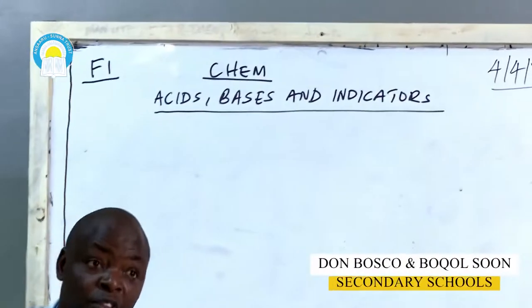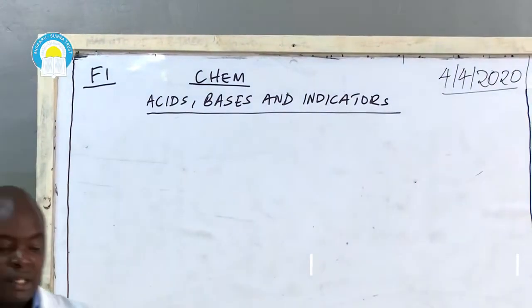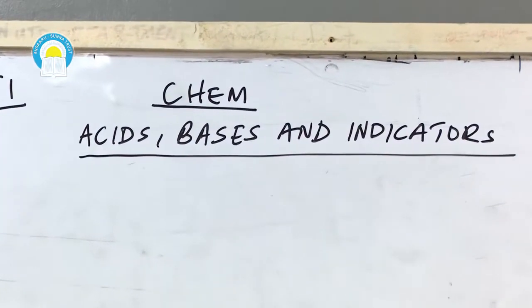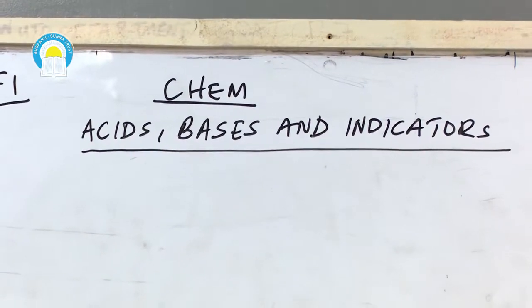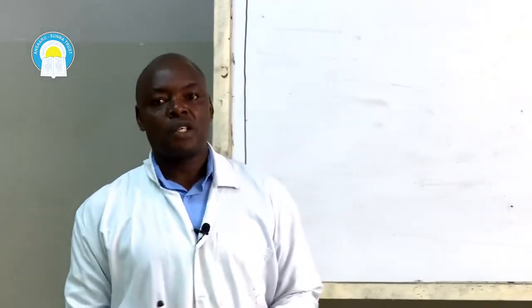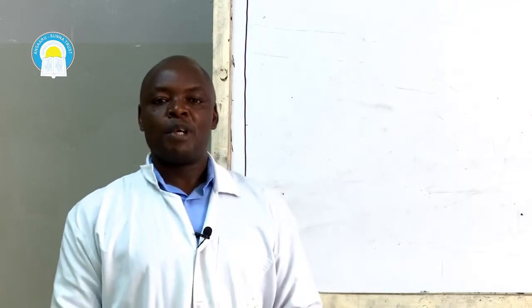Before we go into discussing acids, bases, and indicators, you have come across substances such as lemon juice, sour milk, and wood ash solutions. All those substances are edible; they can be consumed by human beings.